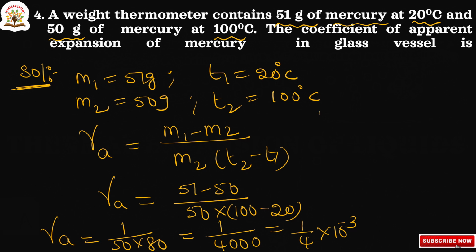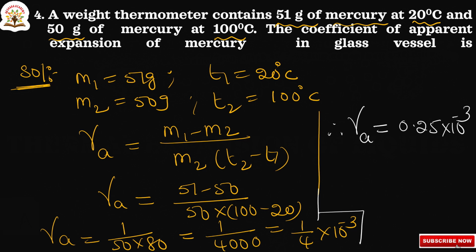This can be written as gamma A is equal to either 1 by 4 or 0.25 into 10 to the power of minus 3, or as the final answer gamma A is equal to 25 into 10 to the power of minus 5 per degree centigrade. Okay, this is the final answer.